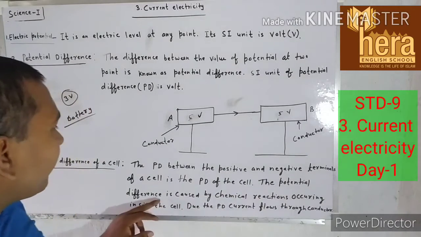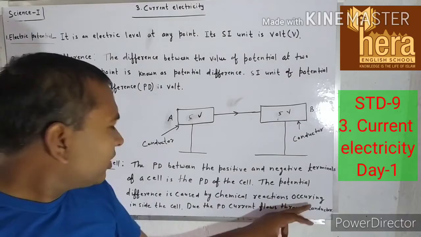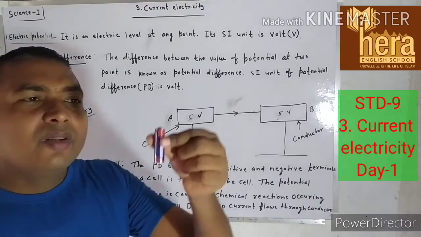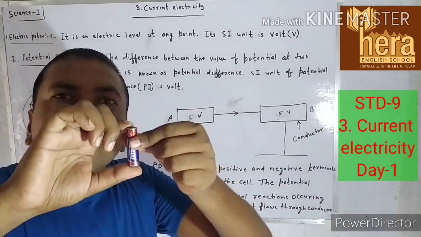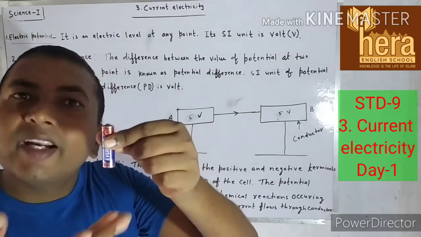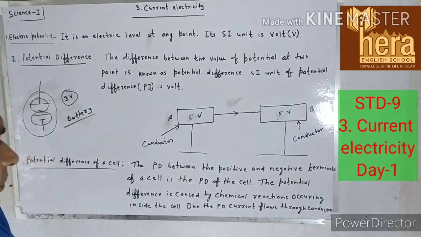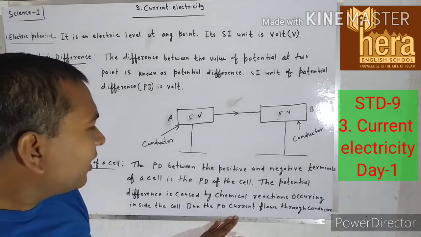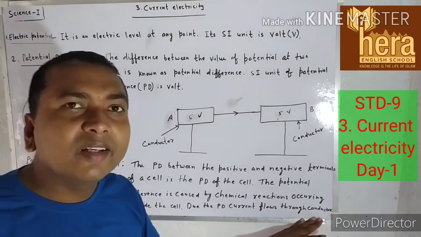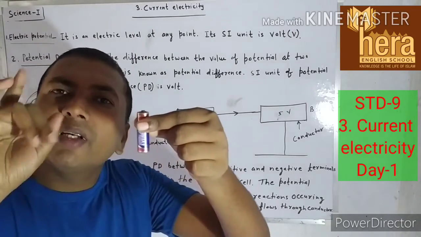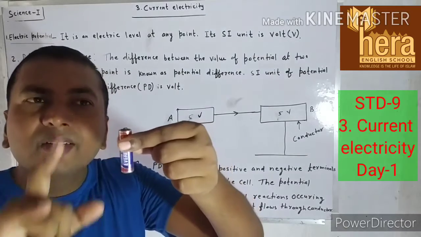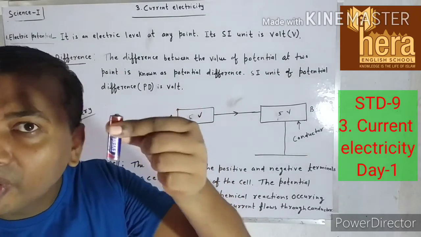The potential difference is caused by a chemical reaction occurring inside the cell. So from where did this potential difference come? In the battery, due to the chemical reaction inside the cell. Due to this potential difference, current flows through the conductor. Due to the potential difference only, current can flow. Understood?